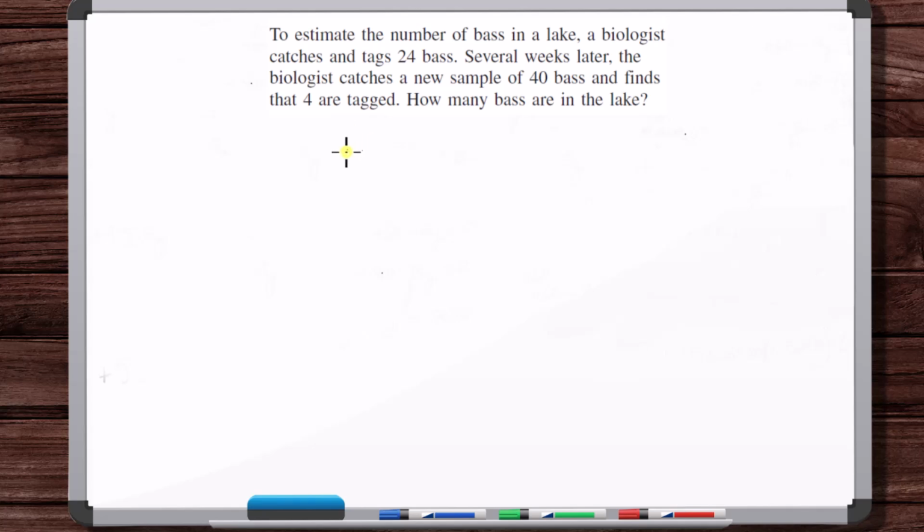So you'll say, okay, let's say NB is the number of bass in the lake. So she catches and tags 24 bass.